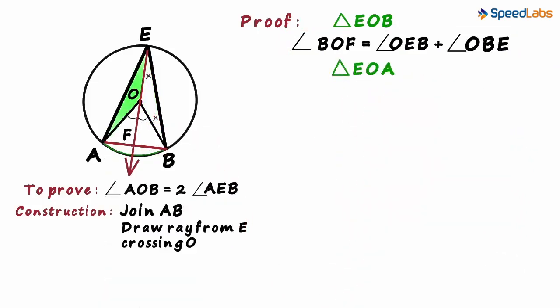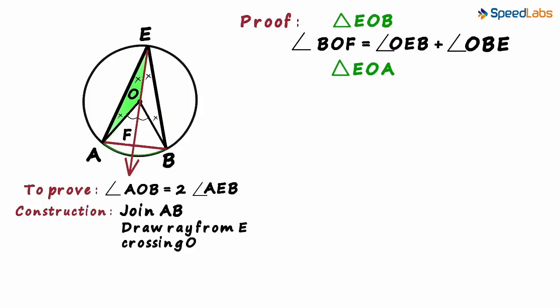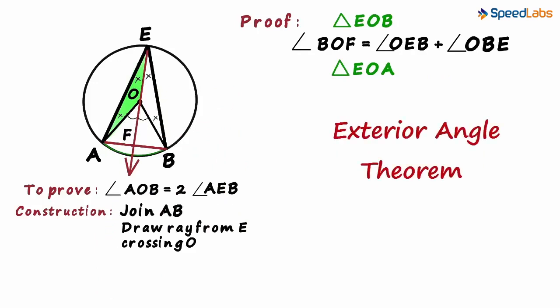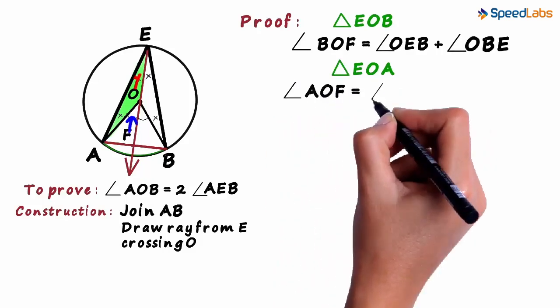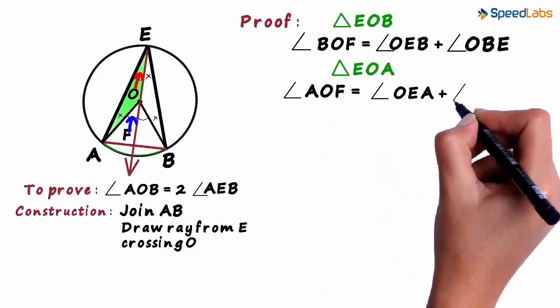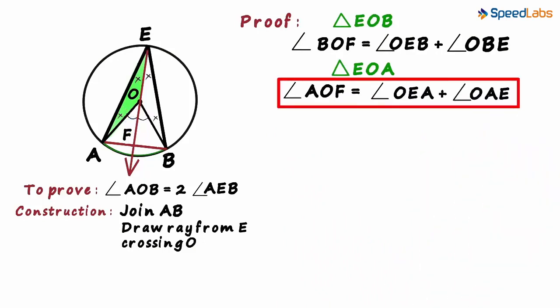Angle AOF is the exterior angle, and angles OEA and OAE are the remote interior angles. Using the exterior angle theorem, we can say that angle AOF equals angle OEA plus angle OAE. This was the second result.